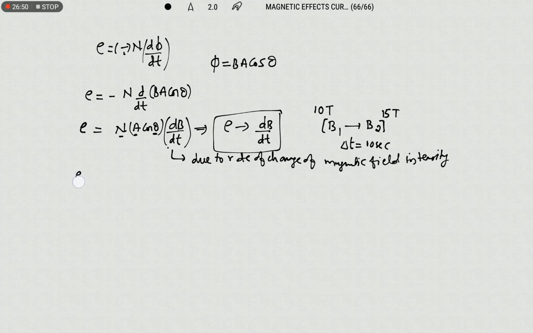Next, another one. So minus n cos theta, we can write nB cos theta dA by dt. So n number of turns constant, B constant, and orientation of the coil in the magnetic field also constant. Now I am changing the area of the coil from 10 centimeter square, whether it is increasing or decreasing doesn't matter.